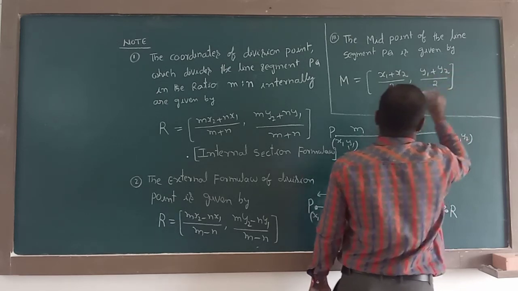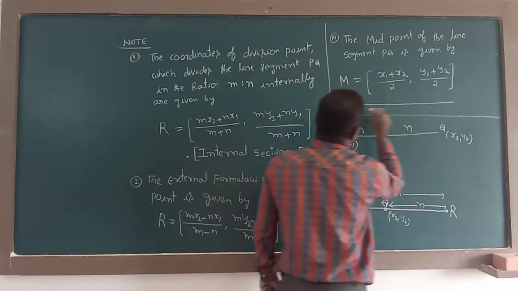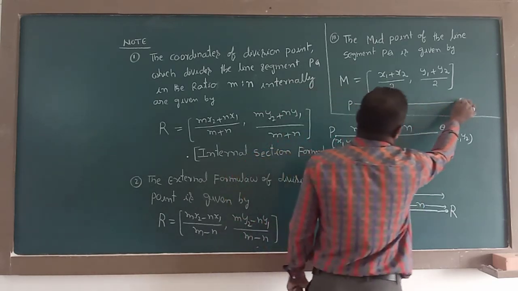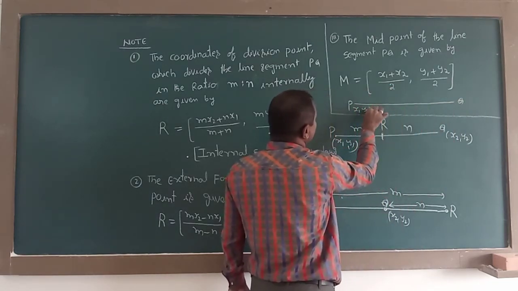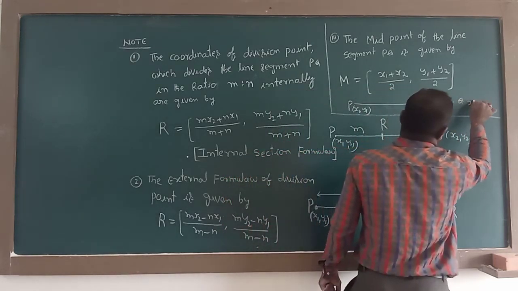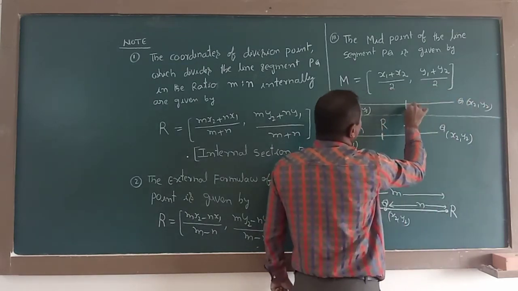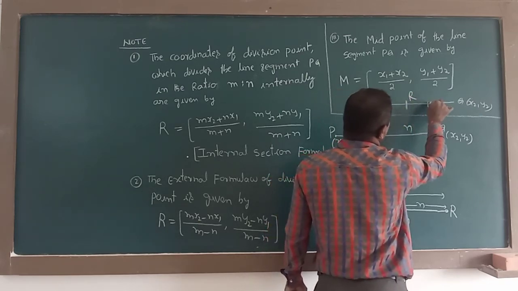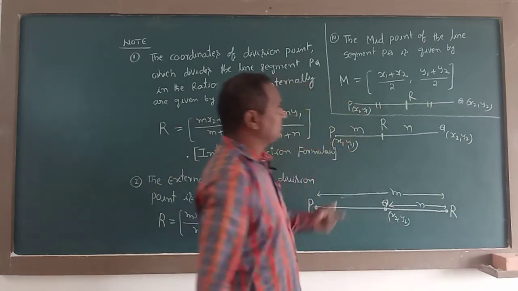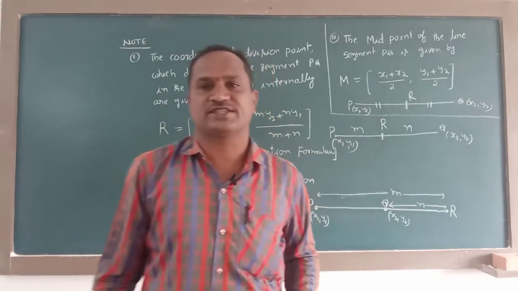Diagrammatically, it divides the line into two equal parts. Here P is x1 comma y1 and here Q is x2 comma y2. It divides the segment into two equal parts.